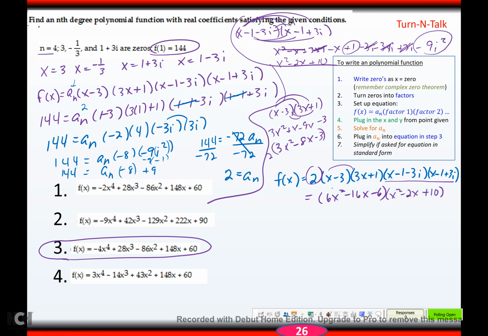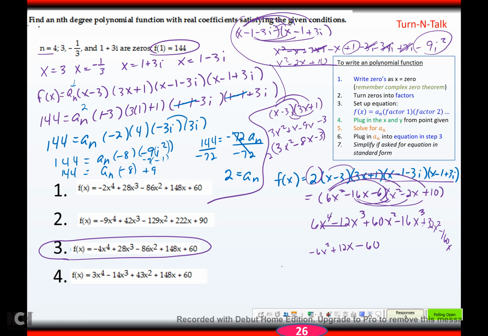not the right answer. What's going on here? 6x to the 4th minus 12x cubed plus 60x squared minus 16x cubed. Something's wrong. Plus 32x squared minus 160x minus 6x squared plus 12x minus 60.